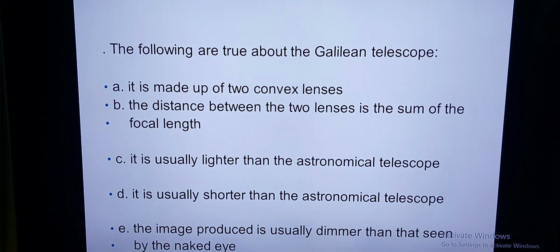Now the following are true about the Galilean telescopes. हाँ वो it is made of one convex objective and a concave eyepiece, तो वो तो false है। Difference is the summation. तो Light intensity reduced.